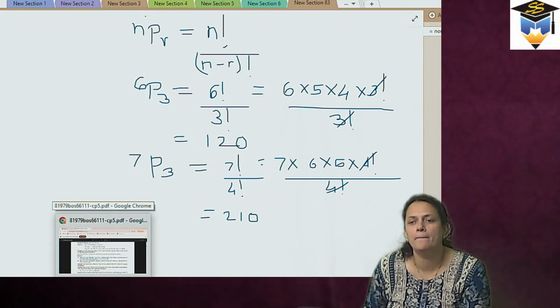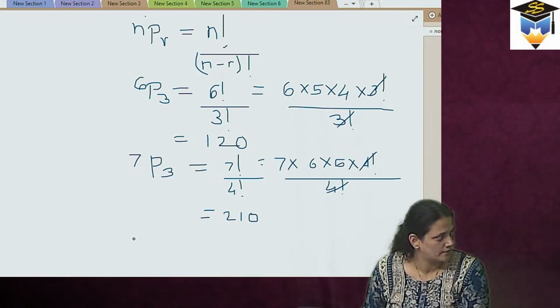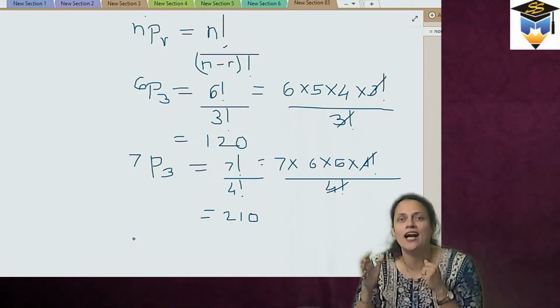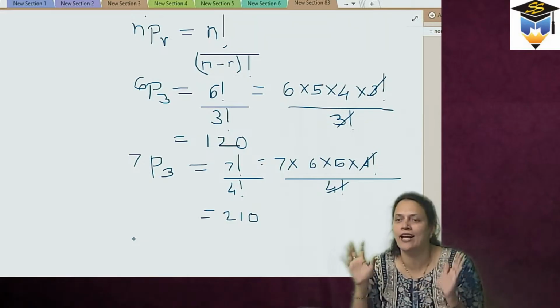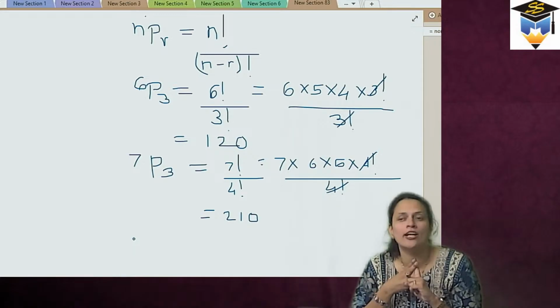Shall we move ahead? So basically permutation is used for selecting R objects out of total N objects, where order is important but there is no condition.